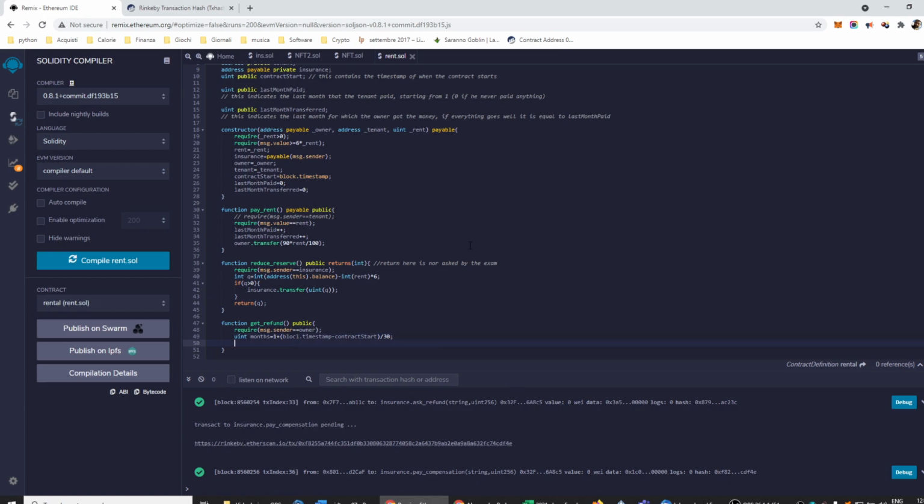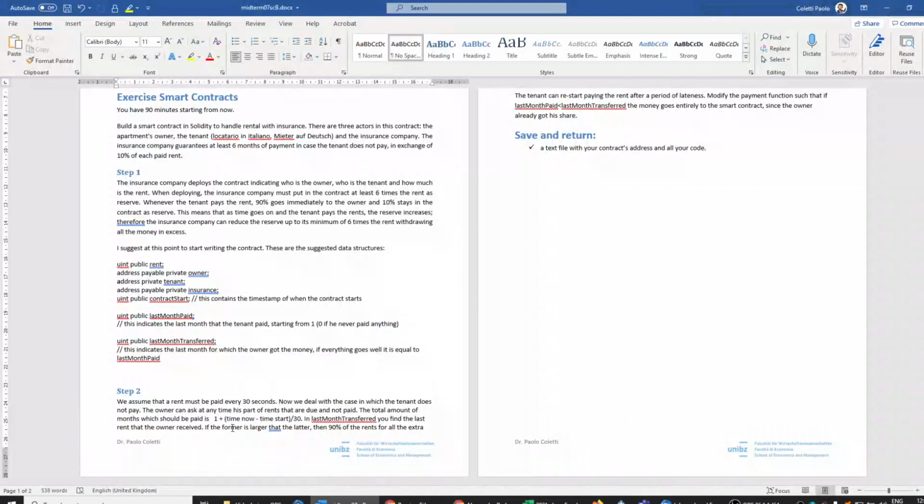Okay, this is the number of months for which the rent should be paid. In last month transferred, you find the last rent that the owner received. If the former is larger than the latter, let's write it more clearly. This means that there are unpaid rents.